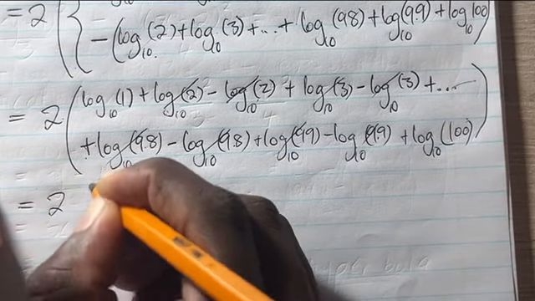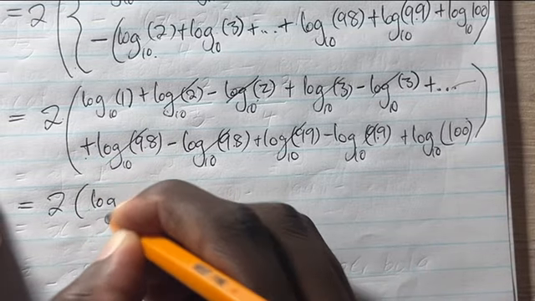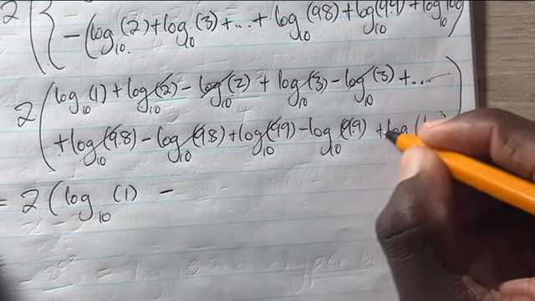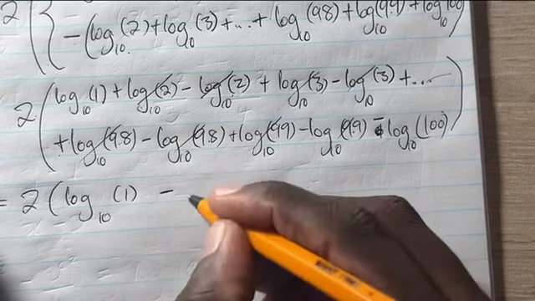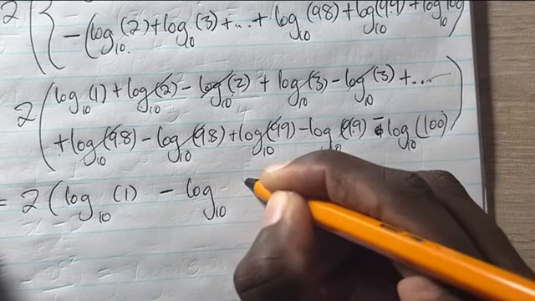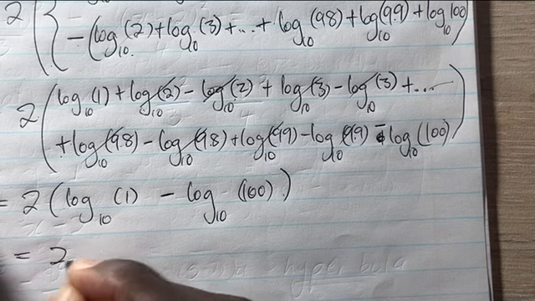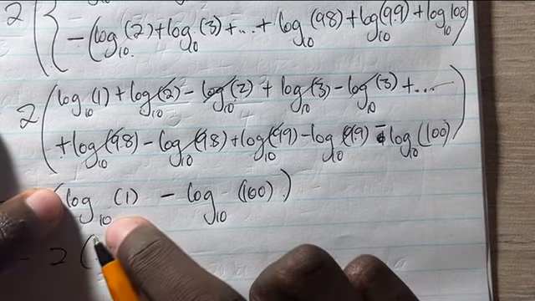You end up with the 2 at the front. You have log base 10 of 1 minus, this should be minus, sorry, because of that sign, minus log base 10 of 100. That's 2 times, this is 0, because what is this asking?